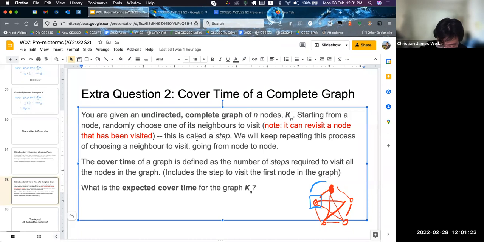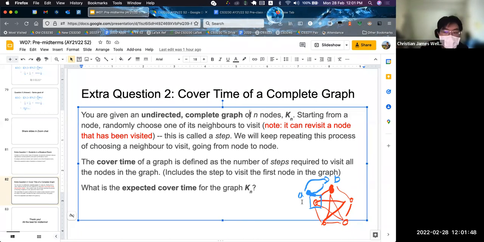Go back. So this is called a step. We'll keep repeating this process of choosing a neighbor to visit, going from node to node. But take note, it can revisit a node that has been visited. It means that if you go from this node, let's call it A, to B, you can go from A to B and go back from B to A. That's fine. It's not prevented here.